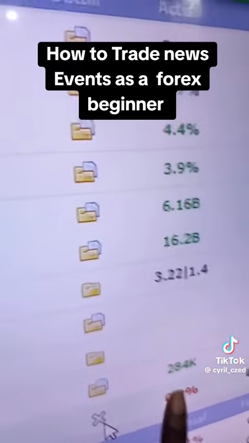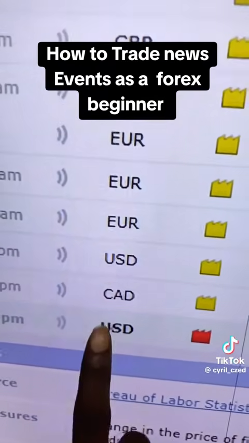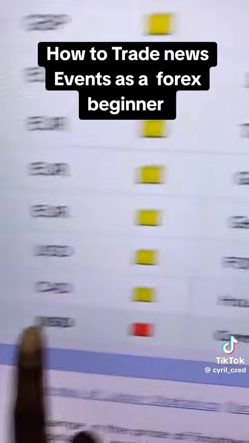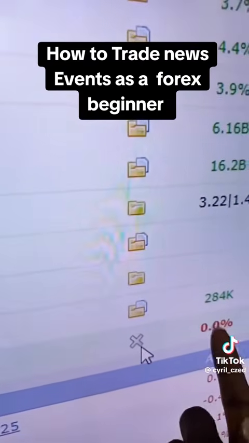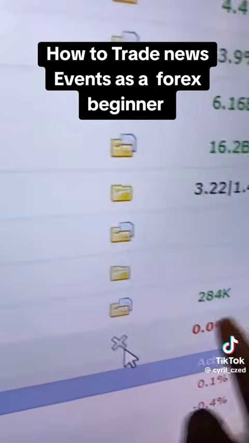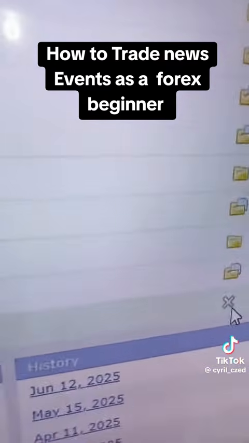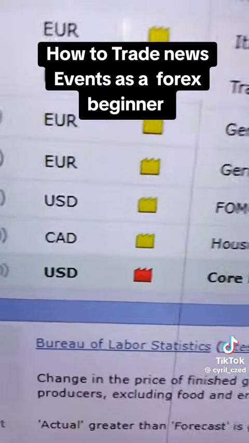So the actual needs to be greater than the forecast for this USD to be good, to be bullish. Now what happened? The actual finally got released, and the digit is 0.0%, which means it's lesser than forecast. Since it's lesser than forecast, it is negative. It is bad for the currency.